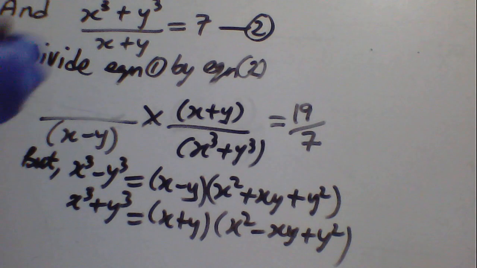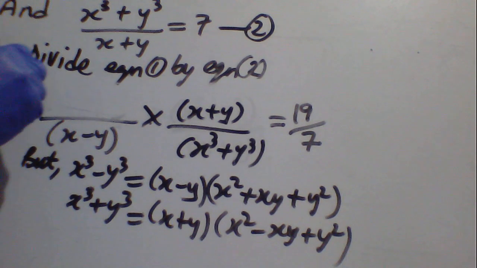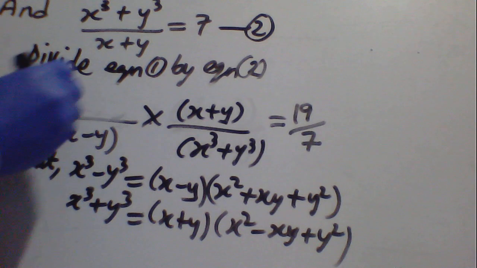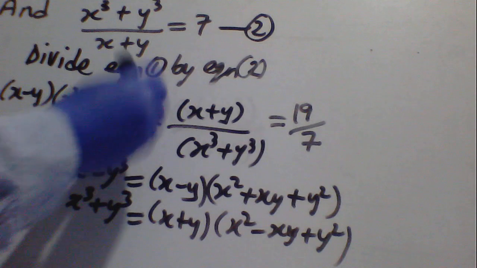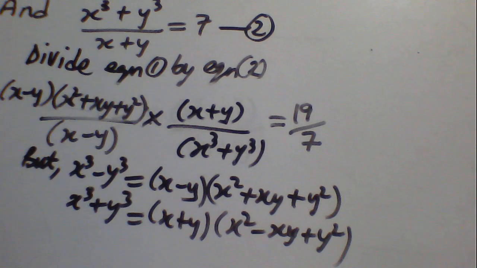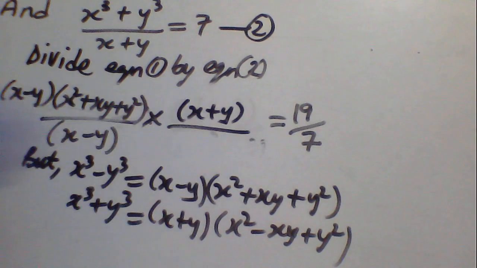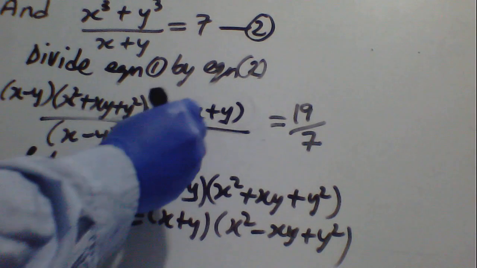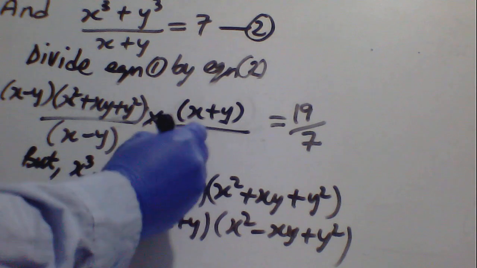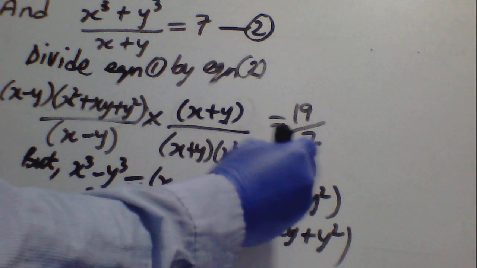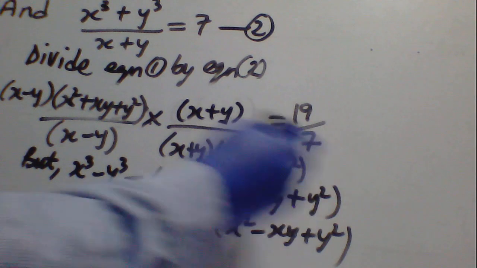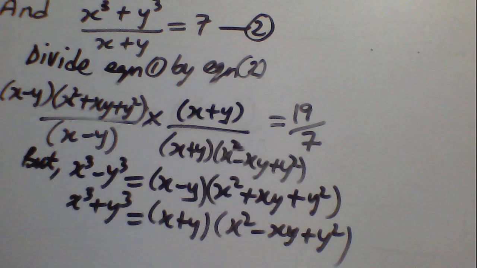So from here we have (s - y)(s^2 + sy + y^2), and here we have (s + y)(s^2 - sy + y^2).